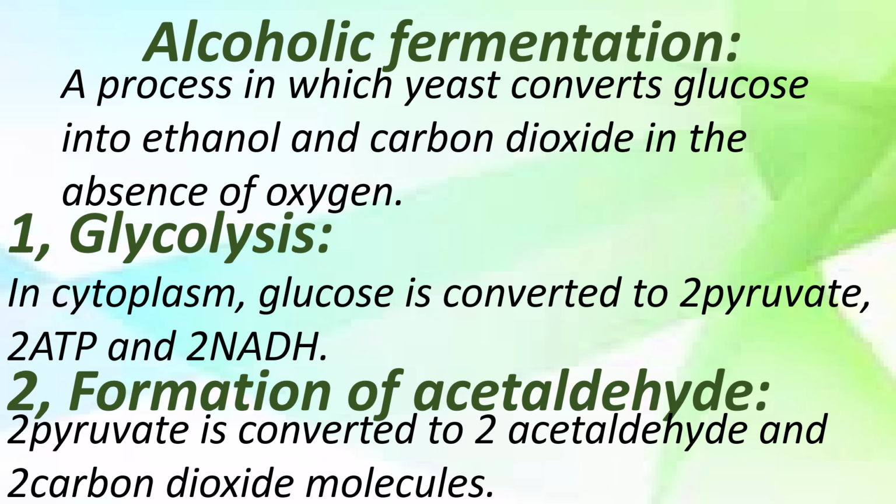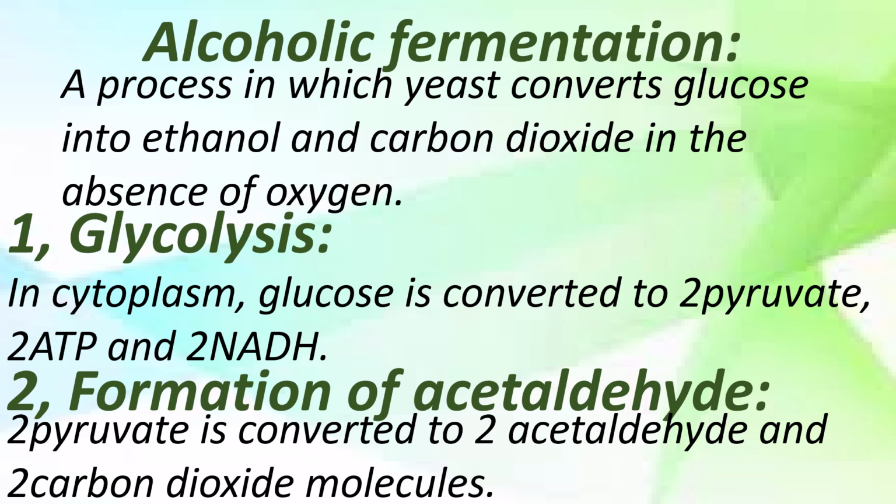Alcoholic fermentation, as the name indicates, alcohol is produced. What are alcohols? These are carbon compounds containing hydroxyl groups. It is a process in which yeast converts glucose into ethanol and carbon dioxide in the absence of oxygen. So yeast is a microorganism. It converts glucose, that is a monosaccharide, into ethanol, that is alcohol, and carbon dioxide gas in the absence of oxygen.